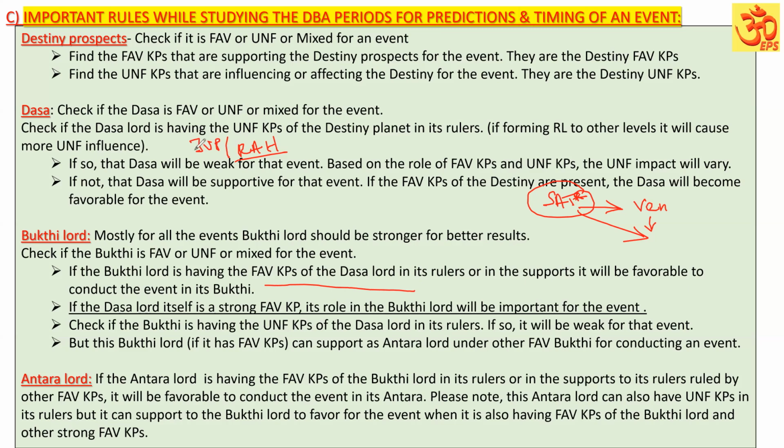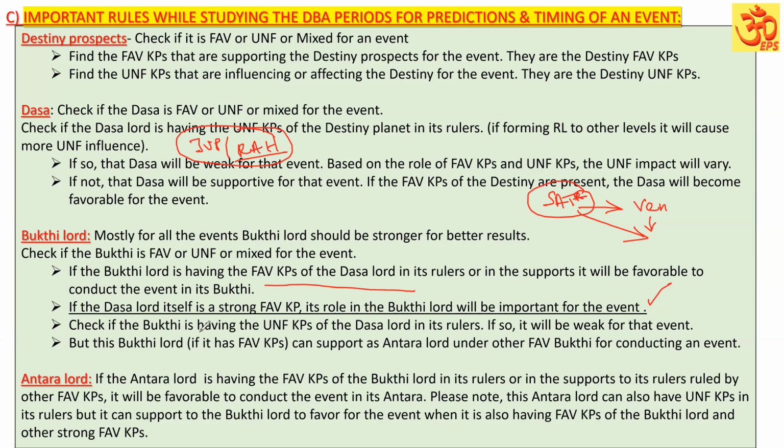Suppose the dasa lord itself, Jupiter itself, is a strong key planet, definitely the Buddhi lord will have that Jupiter in its rulers. Then only it will become strongly favored. So if the dasa lord itself is a strong favorable key planet, its role in the Buddhi lord will be important for the event. That too, if Rahu is coming, its role is strongly recommended. You have to keep this in mind.